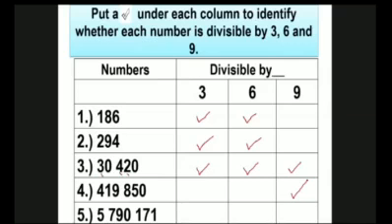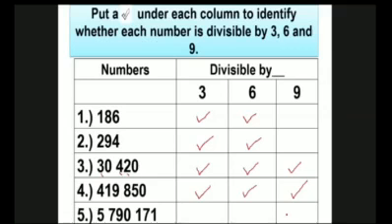Yes, the number is divisible by 2 and divisible by 3, and therefore divisible by 6. How about 3? Yes, it is divisible by 3. There is a little difficulty with these large numbers because you have to take a look at every single digit.